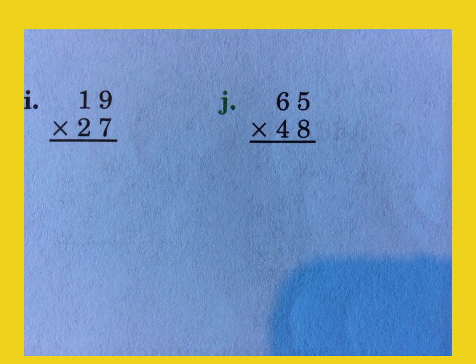J. 8 times 5 is 40, so I put a 0, carry the 4. 8 times 6 is 48, plus 4 more would be 52. Start with the 0 below. Oh, and erase the top number. 4 times 5 is 20, so we put a 0, carry the 2. 4 times 6 is 24, plus 2 more would be 26.